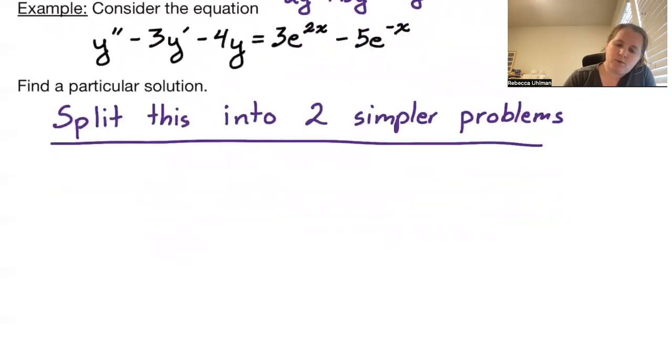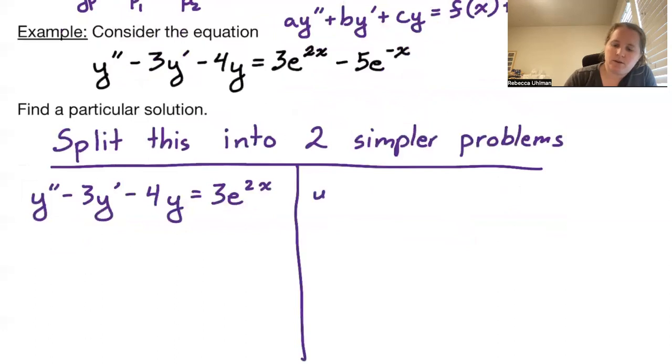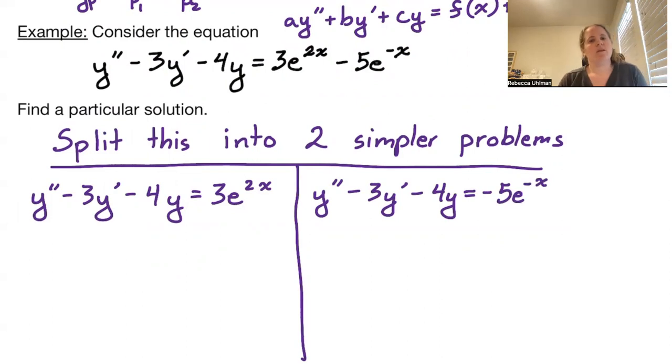So we will have one problem where we are solving y double prime minus 3y prime minus 4y equals 3e to the 2x. And we will have a separate problem where we solve y double prime minus 3y prime minus 4y equals negative 5e to the negative x. So in both cases, we're looking at the same characteristic equation.